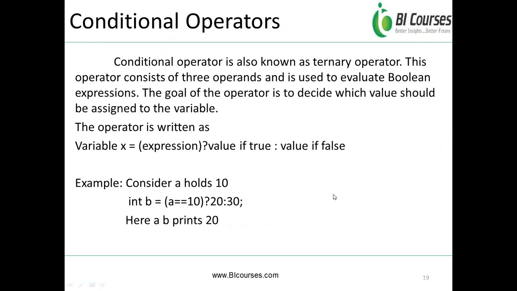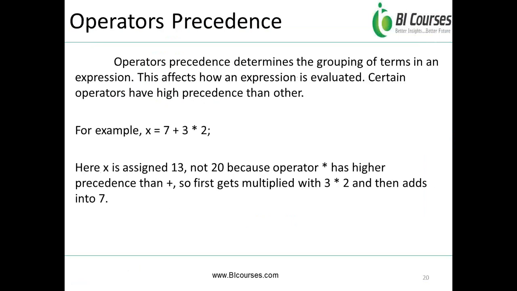So now we understood the different operators, right? And operator precedence. Operator precedence determines the grouping of terms in an expression. It means how the expression should be evaluated. Certain operators have higher precedence than others. For example, if we have x equals 7 plus 3 into 2, here multiplication always has higher precedence. So what value is assigned to x?